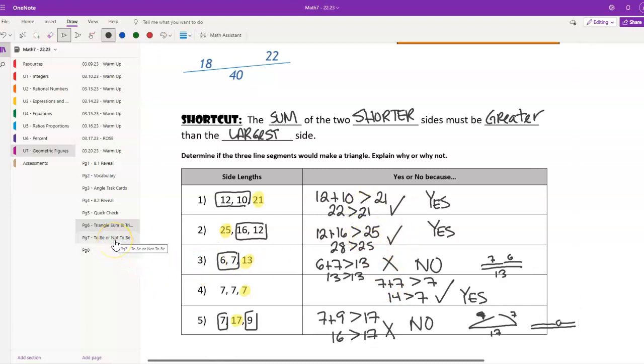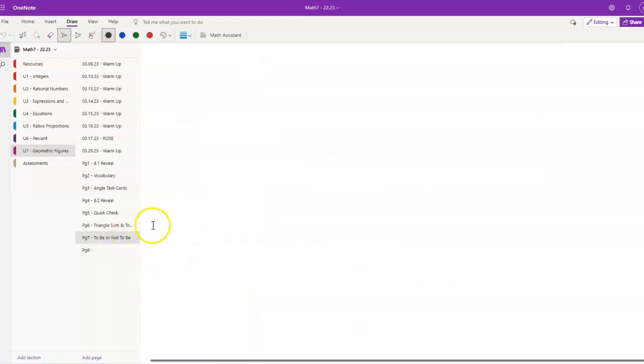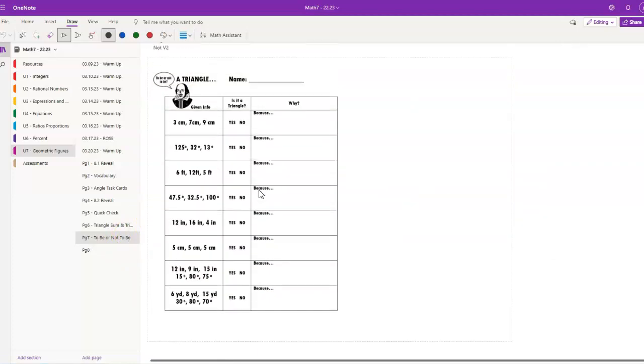So now, if you need to, have the sub pause the video if you've not been handed back this paper from yesterday. Okay, this is the last part here, to be or not to be a triangle. So in order to be a triangle, we talked about the angle measures. Angles add up to 180. And the side lengths, the 2 shorter sides have to be greater than the longest side.